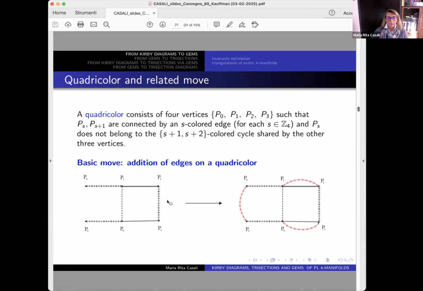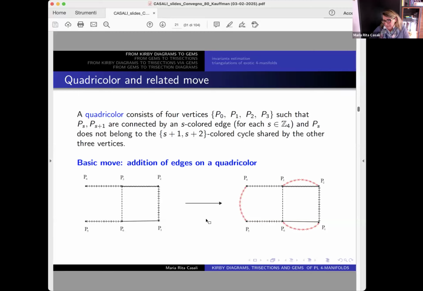A basic move of our algorithm is exactly related to quadricolors, and it consists in the addition of 3 edges of color 4, color red in the picture, in this way.